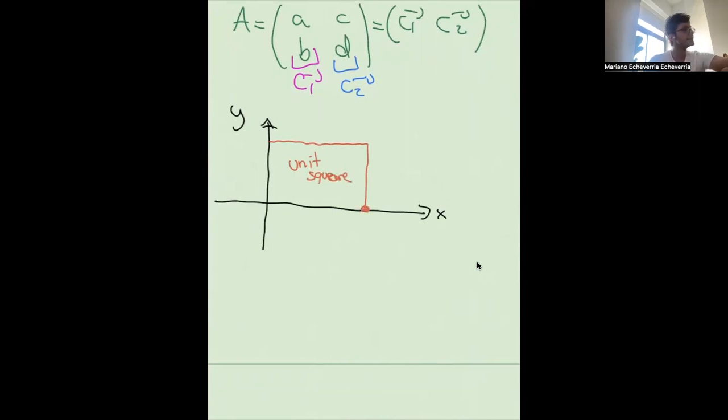Since this is a unit square, this is a vector 1, 0, but I'm going to write it as a column for now. And this is a vector 0, 1, right?